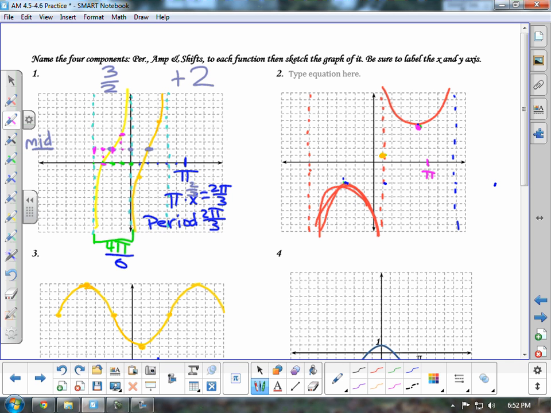So therefore, okay, wait a minute now. This other drawing isn't the most accurate one, so we can't use that as far as our period is concerned. In this one here, halfway in between, which is right here, it's 1, 2, 3, 4 up, and halfway in between here and there, which is right here, it's 1, 2, 3, 4 down. So yes, now our amplitude is 4.